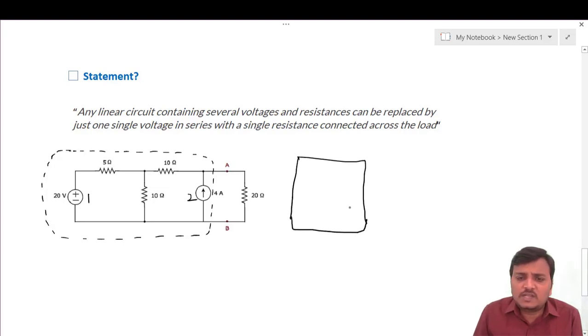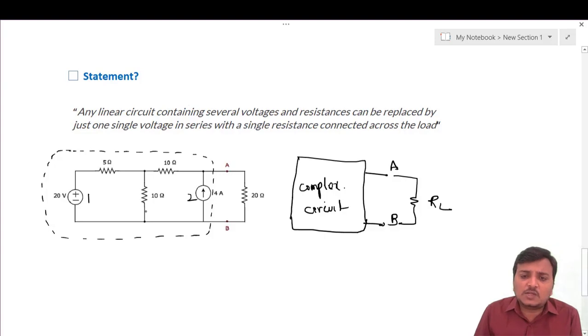In general, we don't know what is inside; it is a complex circuit with different sources and resistances, but outside we have only two terminals, a two-port network. The output has only A and B, which are connected to the load resistance RL. That's it. Any complex circuit will be analyzed like this.